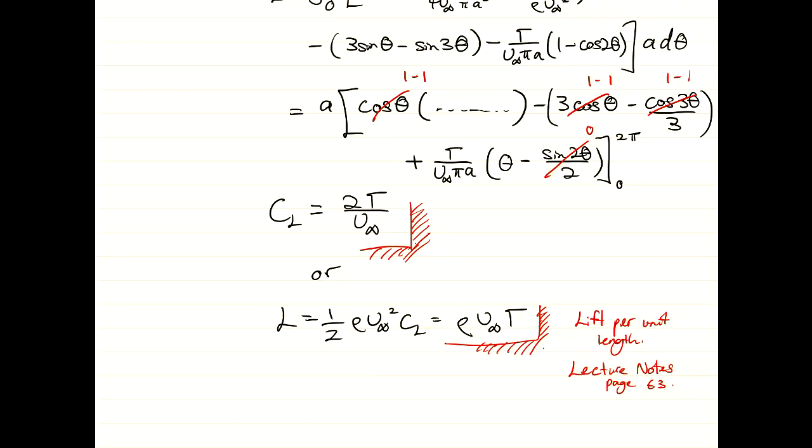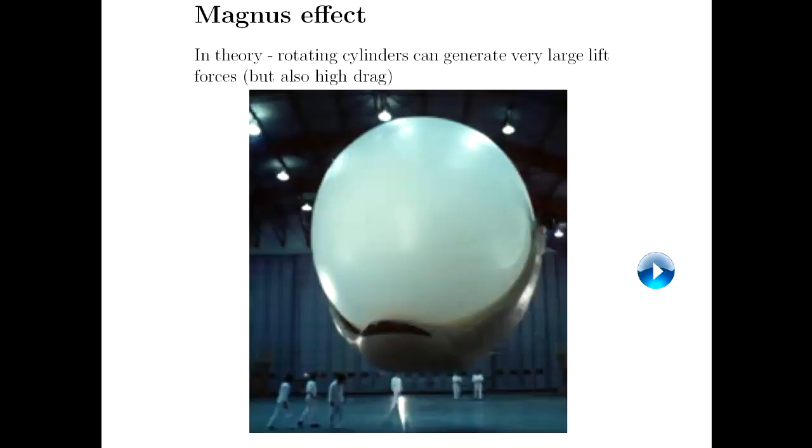Okay, or worst case, your free stream, your U infinity, is in the opposite direction. Then instead of having a lift in the correct upwards, you're going to have lift downwards, which I guess if you are a passenger in that plane, you wouldn't want that to happen.